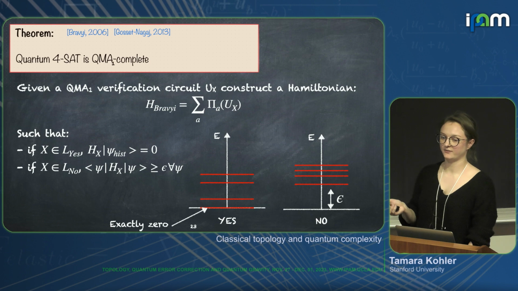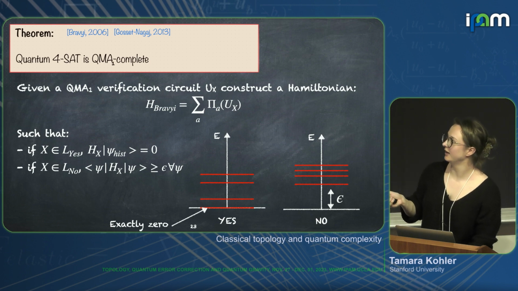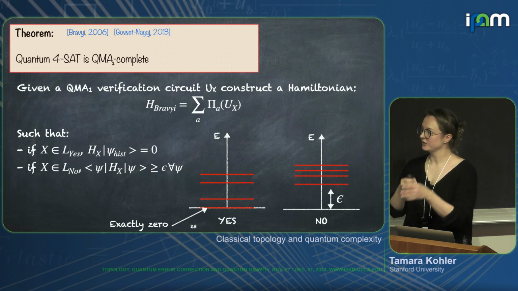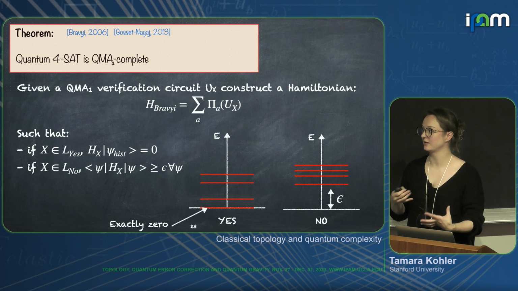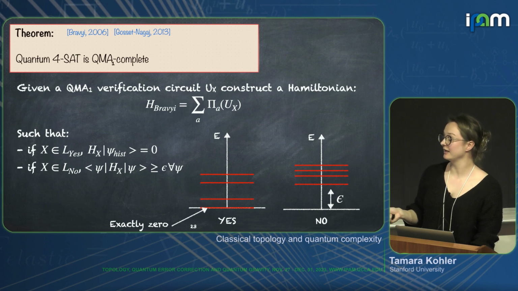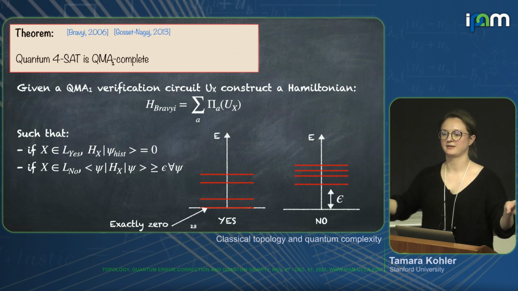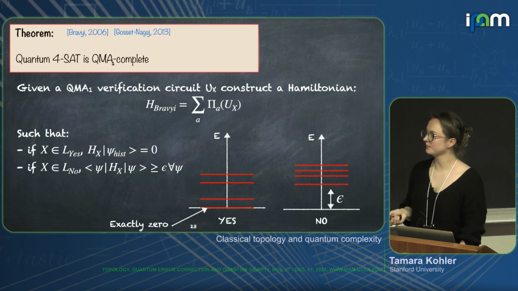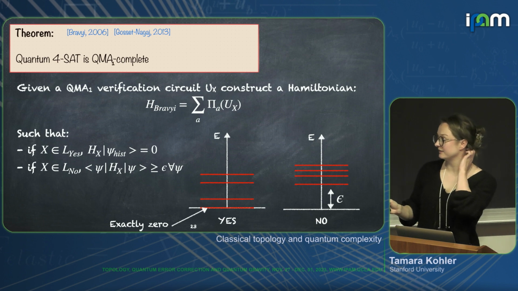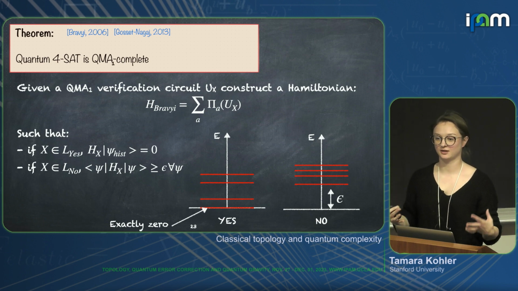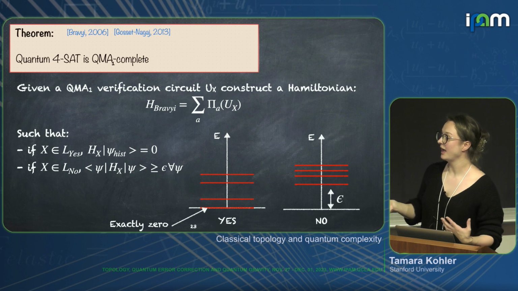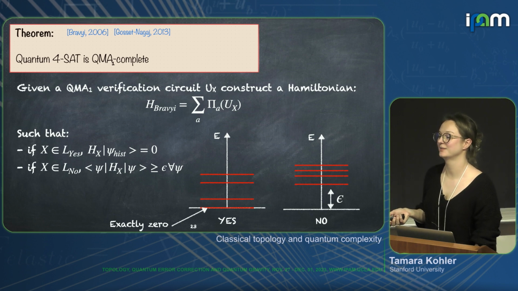Given some QMA1 verification circuit, in this paper from 2006, Bravyi showed a way to construct a Hamiltonian such that for yes instances, if this quantum circuit accepts on a particular input, there exists a history state which has zero energy with respect to this Hamiltonian, where a history state is just some state that encodes the history of the computation. He also showed that in no instances, when the problem corresponding to this QMA1 verification circuit doesn't have a satisfying assignment, every state has high energy with respect to this Hamiltonian.